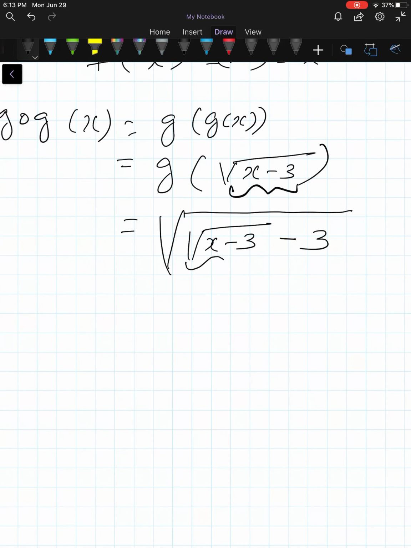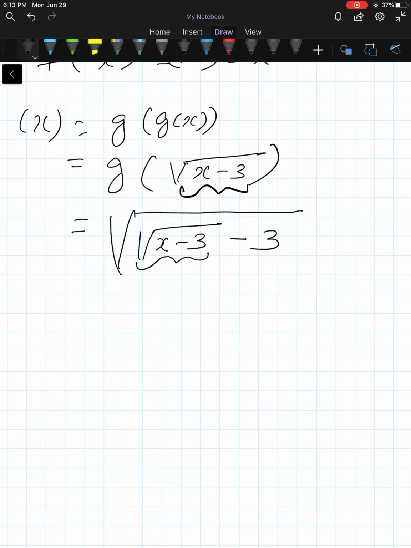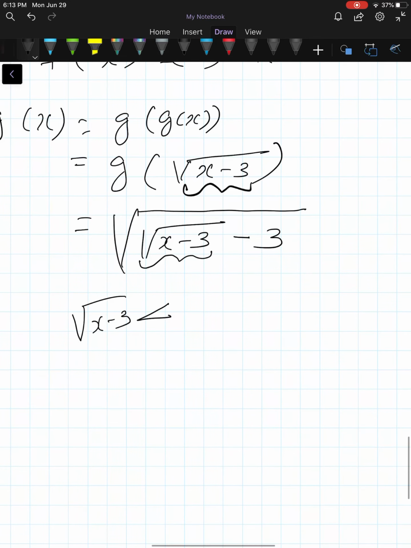So you have to be very careful. The whole of this term, that is square root of x minus 3, should not be less than 3. So let us solve this inequality to find out what are all the values x can take if it has to satisfy this particular inequality.